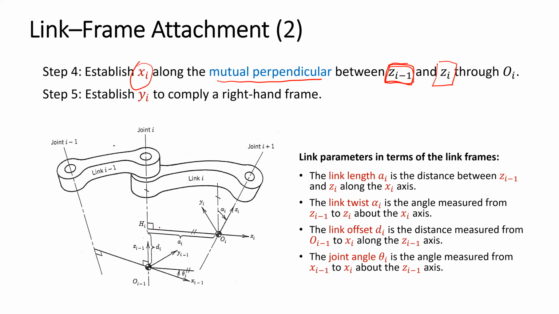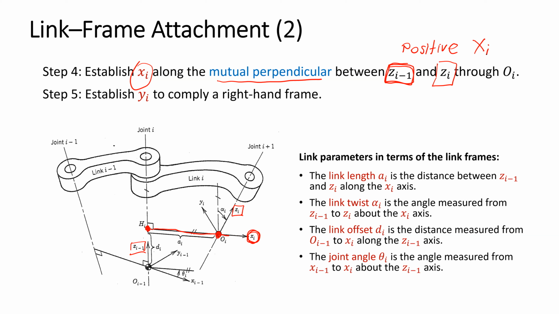It means the x-axis is on the mutual perpendicular line, but it needs to point from here to here, because it needs to point from the Ci minus 1 axis to the Ci axis to be the positive direction of the x-axis.